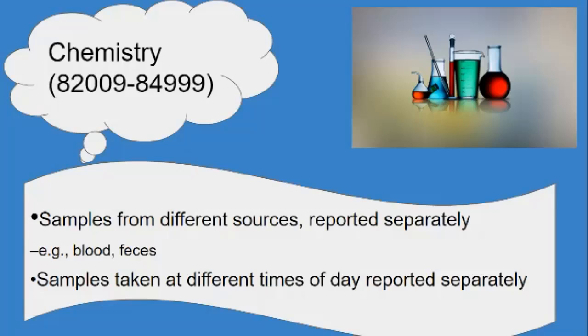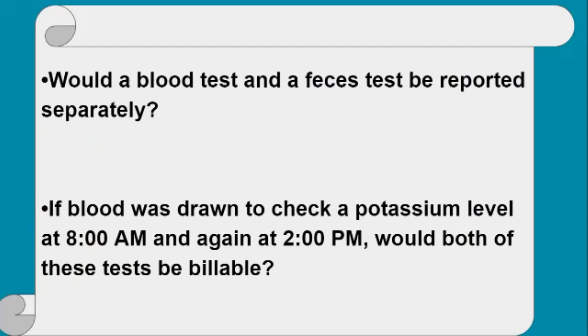Chemistry samples from different sources are reported separately, for example, blood and feces. Samples taken at different times of the day are reported separately. Okay, so let's ask the questions. Would a blood test and a feces test be reported separately?